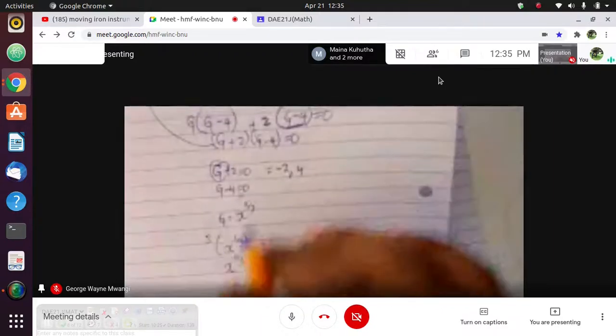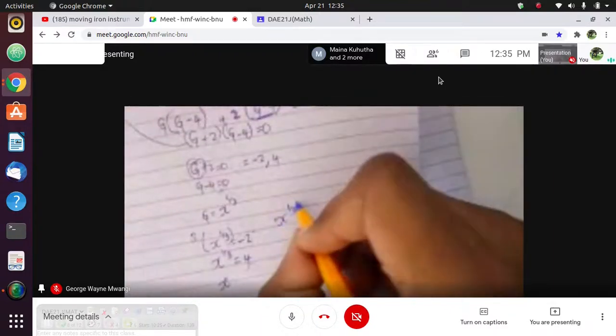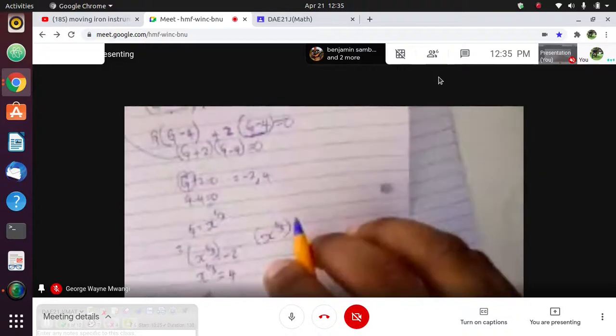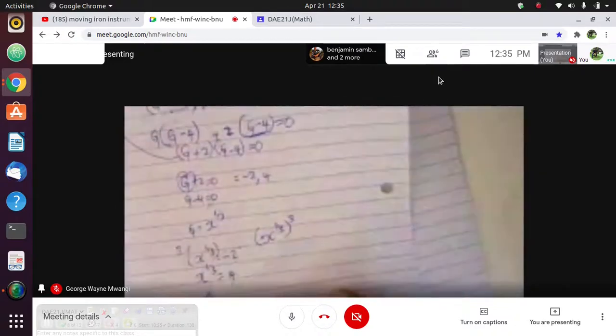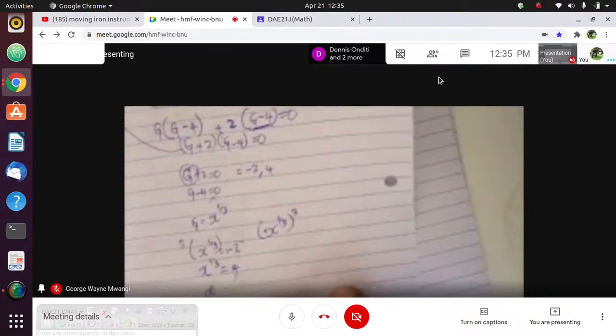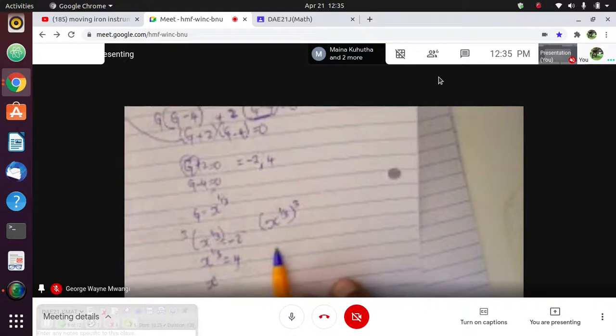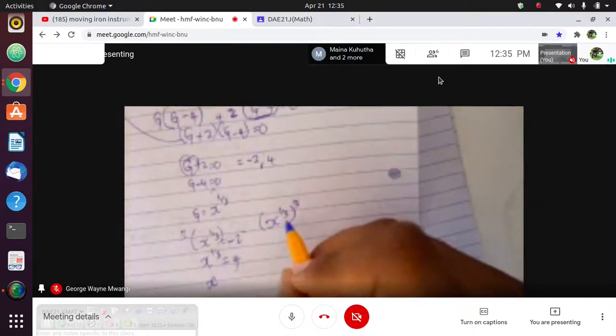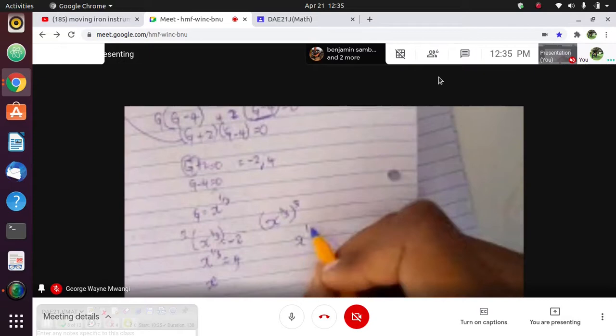When you take a number that is already an exponent and raise that number again, you multiply the powers. In this case, our power is 1/3 times 3.